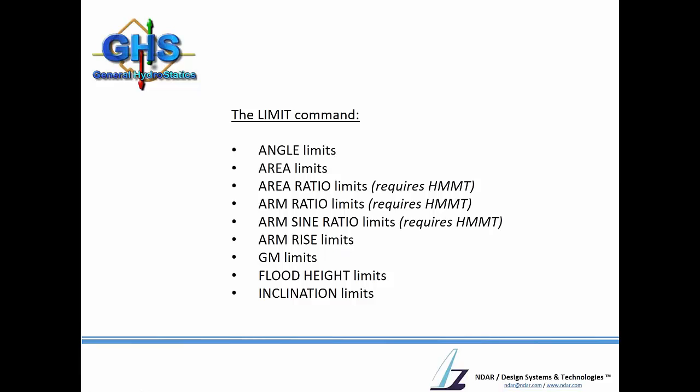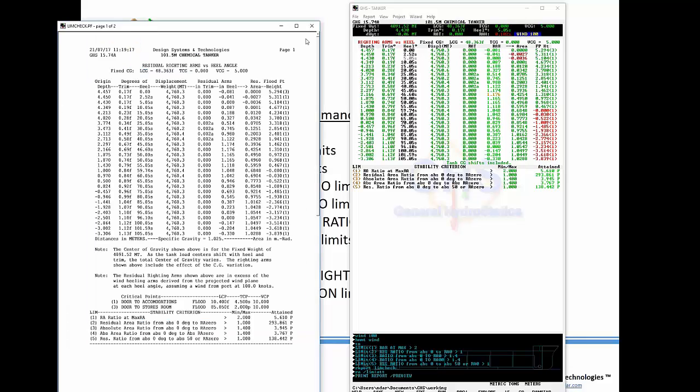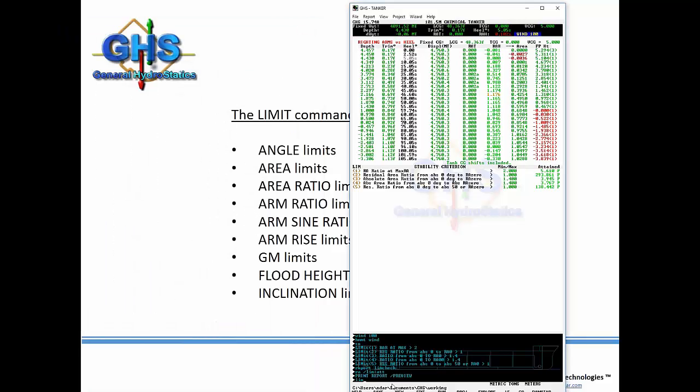Perhaps I would have an example available here. I will just show my GHS window again. I will clear the limits again. So I need to close the actual report, which is still being open here. I will just limit off to cancel existing limits, and I will just go and find the angle, the arm rise, and the syntax for it is rise from 10 to 20.